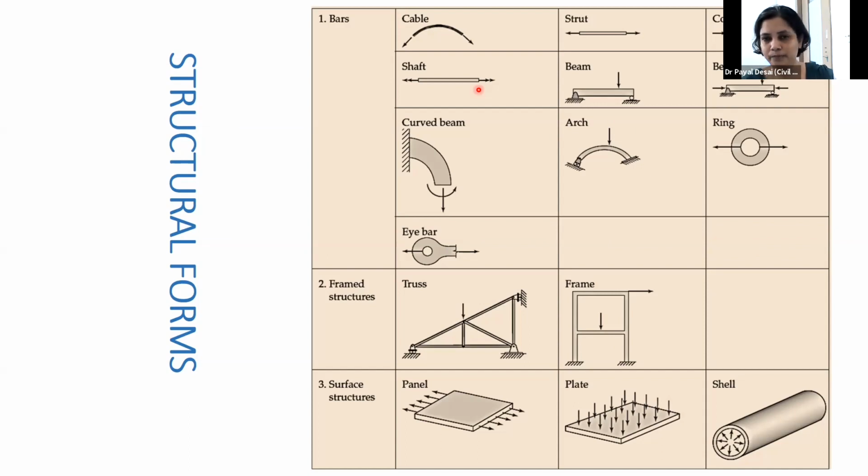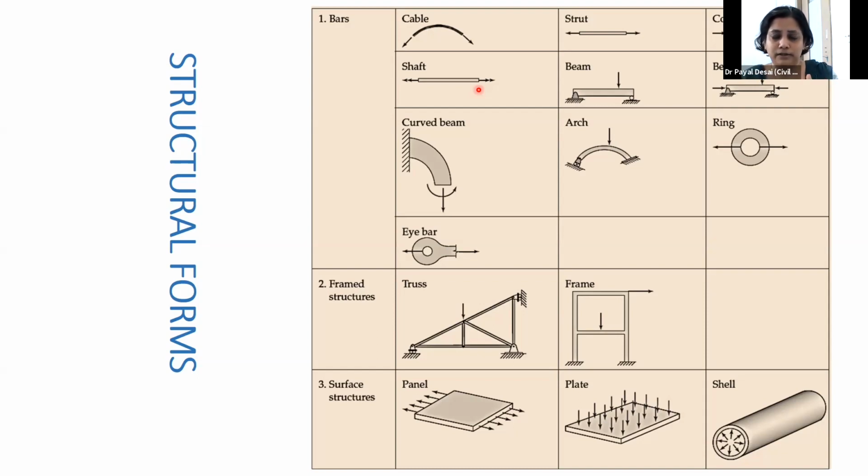In trusses, individual members are supposed to carry only axial loads, that is, axial compression and tension.